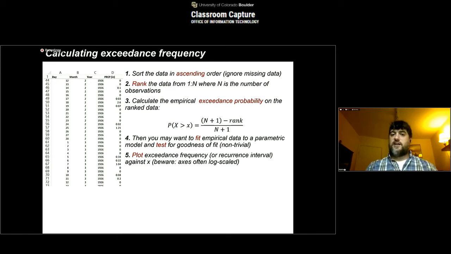Now, at this stage, if you have a long record, you may be happy, but you may want to do some things with this kind of analysis that would require you to come up with a model. One reason is that maybe you have a short record, so you don't really care about the 20-year event, but if you only have 20 years of data, the best you can do is say something on the order of the 20-year event.